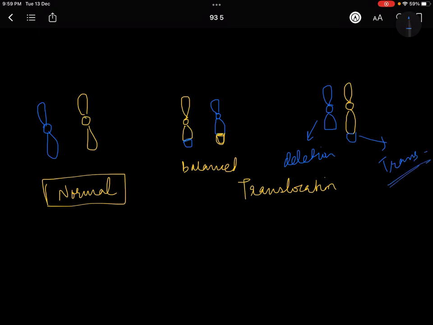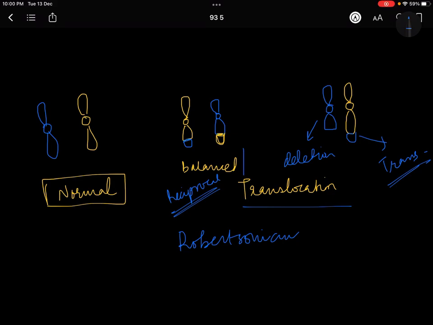In the second case there is deletion from the one and translocation in the other. So there can be cases like this also. One type of translocation you can also call reciprocal, where both have reciprocated to each other. And an example of translocation you can say is Robertsonian syndrome.